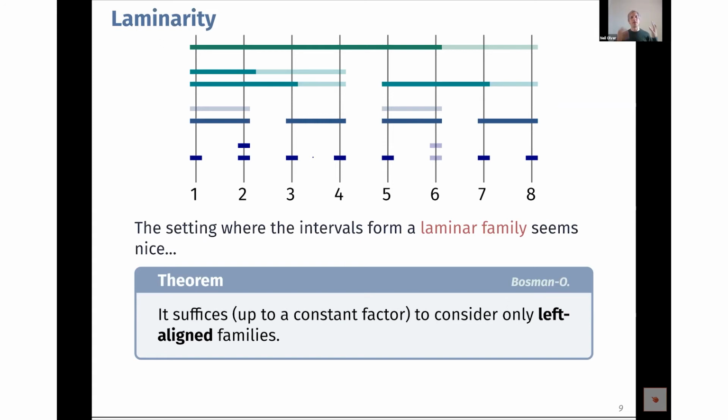You can take any instance and decompose it into a left-aligned instance and a similar right-aligned instance, which is exactly the mirror image. If you solve both of these instances, you can combine them to get a full solution. So it's not quite as nice as laminar, but we get a lot of the advantages of a laminar family from this structure.